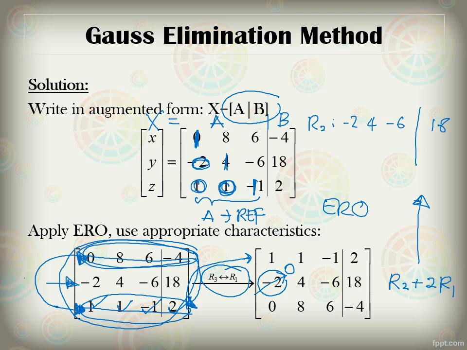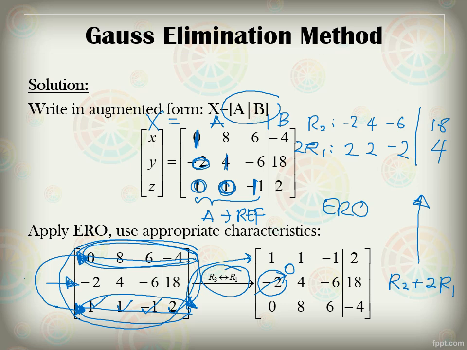And we multiply scalar 2 to row 1. So 2 times 1 is 2. 2 times 1 is 2. 2 times minus 1 is minus 2. 2 times 2 is 4.